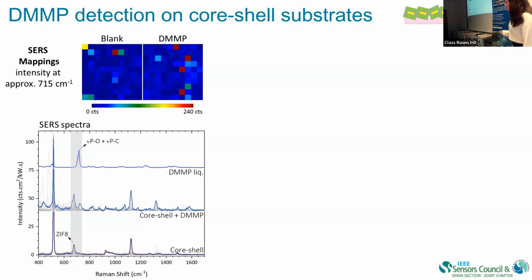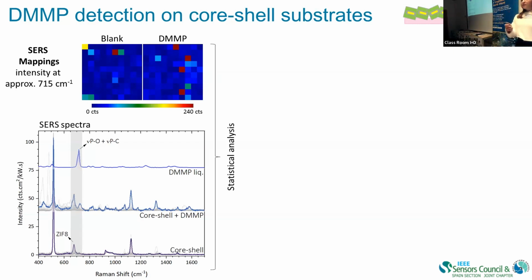However, if we take the intensity of this peak and plot it as we saw in the mapping, we can see that the intensity of the signal is not entirely covering the substrate. So our substrates don't have a very homogeneous distribution of the signal throughout the mappings. And just to make sure, I did 5 different measurements of this type to understand the distribution throughout the whole substrate.